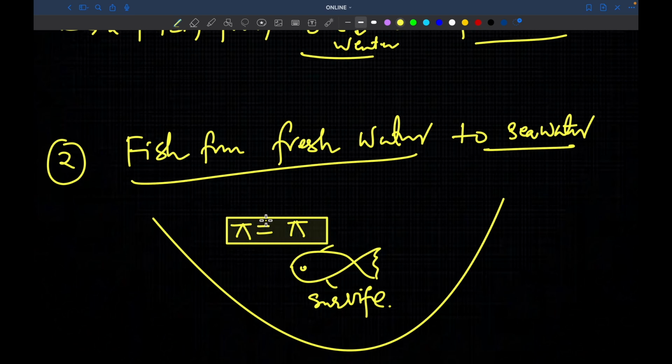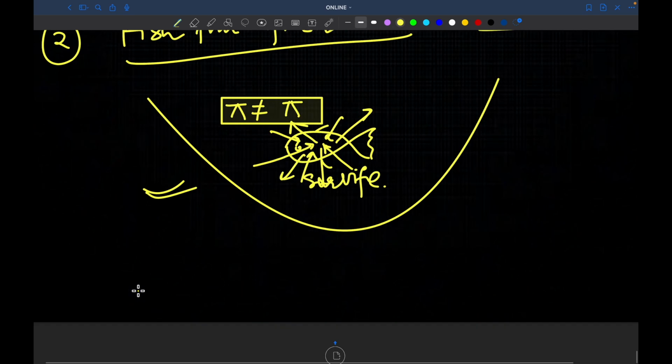If these are unequal, what will happen? Either water enters into the fish by endoosmosis, or water may go out by exoosmosis. So these types of things will happen here, right?